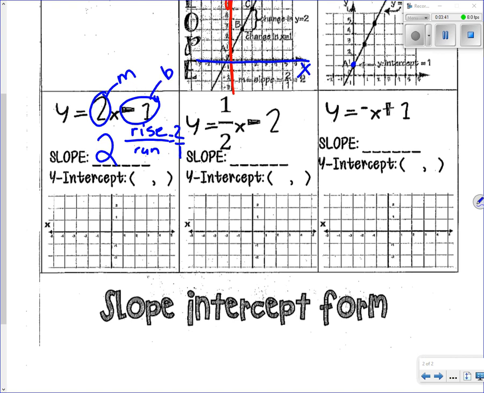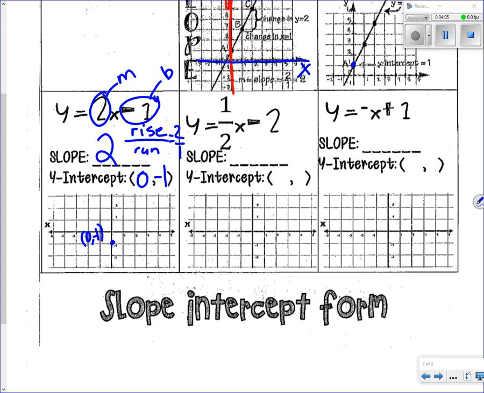Okay, so our y-intercept is 0, negative 1. So now that we've taken our equation and gotten the information out of it, we can plot our graph. So we're going to 0, x does not move, negative 1, here is 0, negative 1.